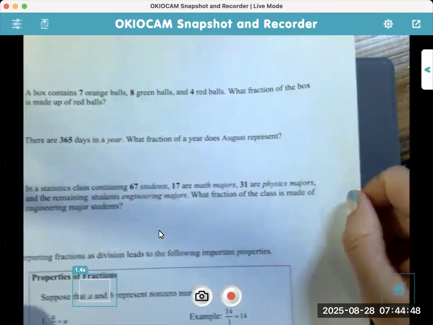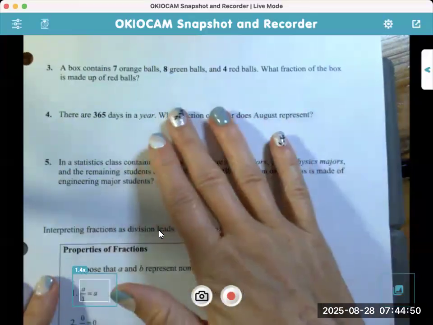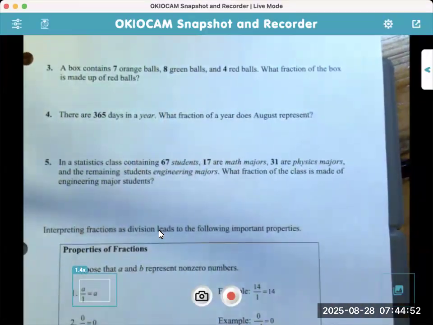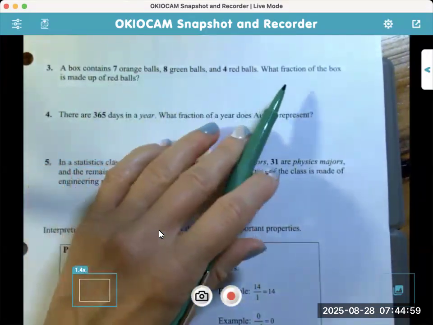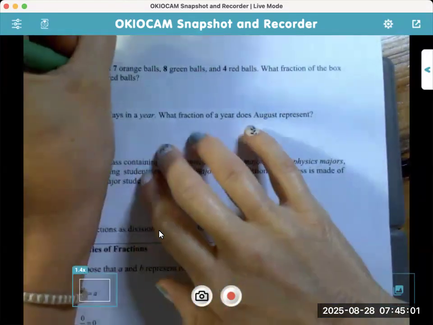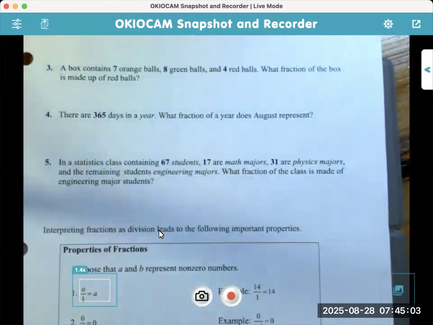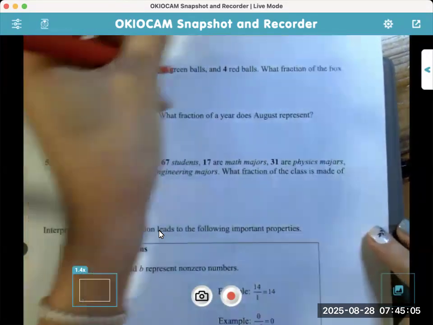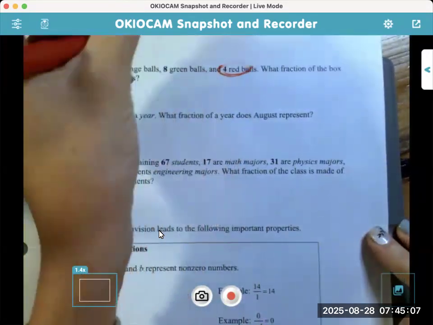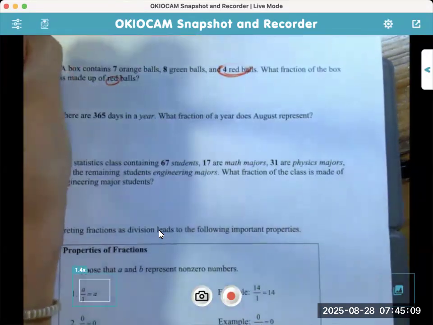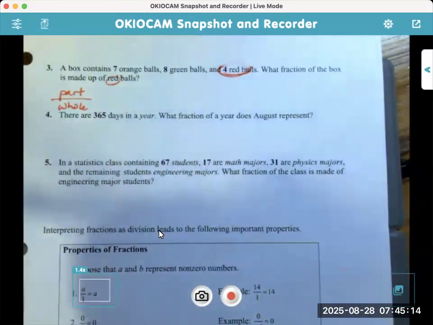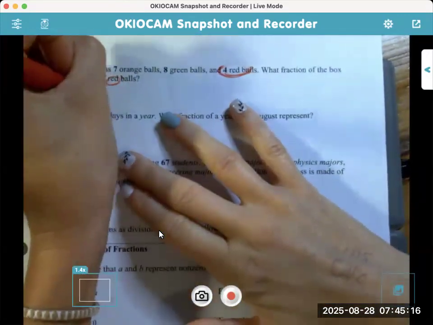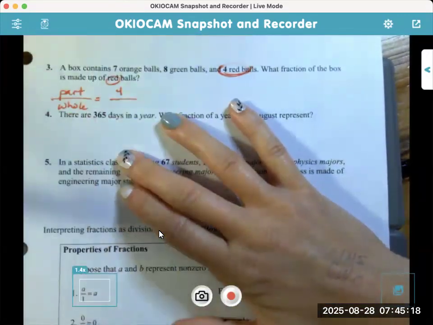Okay. So now rather than the visual, we just have it written out to us. A box contains 7 orange balls, 8 green balls, 4 red balls. What fraction of the box is made up of red balls? Oh, let's go with the red color then. Red balls. So there are 4 red balls. So if I think of a fraction again as part over a whole, the part I'm interested in is the 4.